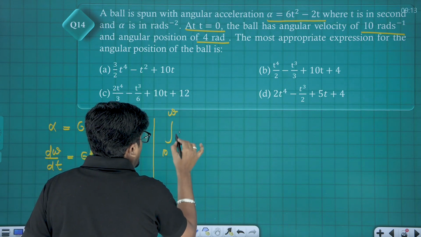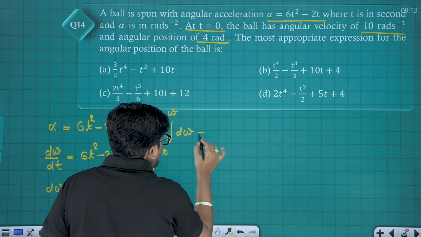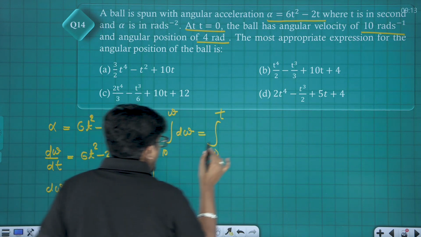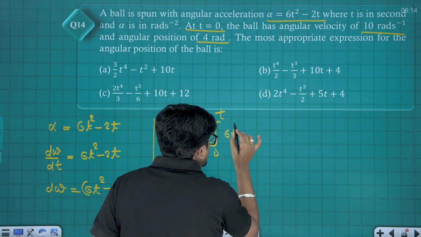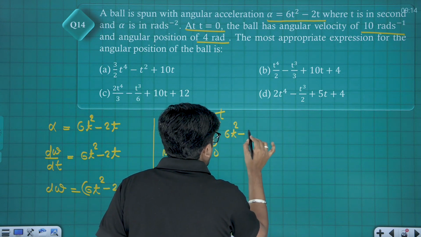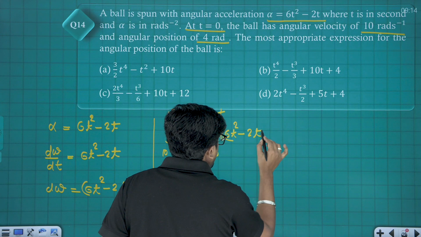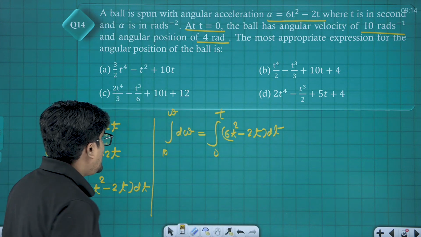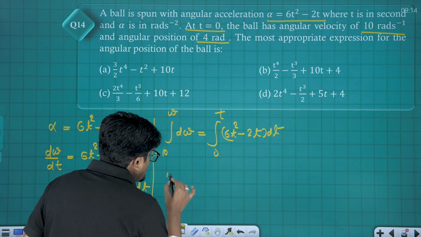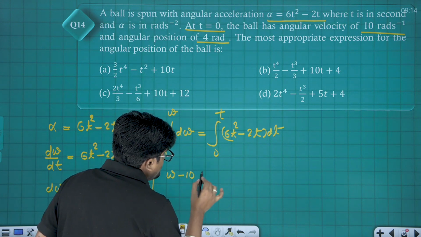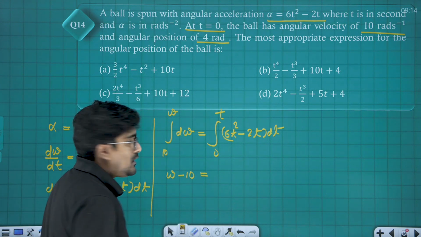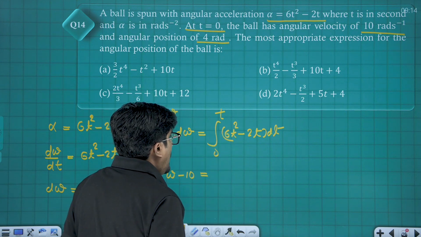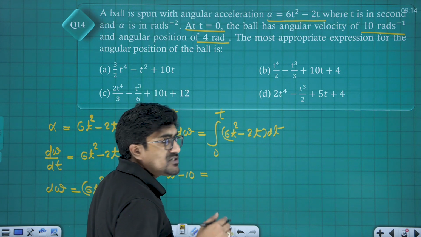So I am going to take it as omega only, and here this is d omega, and here this is integral 0 to t, of 6t square minus 2t into dt. Alright, integrating the left hand side, I am going to get omega minus 10 equals, integrating this between the limit 0 to t, 6 times t cube by 3.